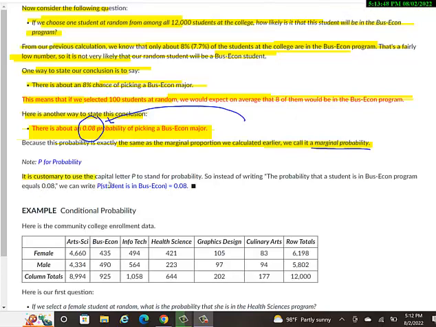It's customary to use the capital letter P to stand for probability. So instead of writing the probability that a student is in the business economics program equals 0.08, we write P, parentheses, student is in business economics, equals. So that's more the math way to write it, right? Like an equation. And it's faster to write. I think, of course, math people like to write as little as they can, which is why we're not so good at writing essays and stuff like that.